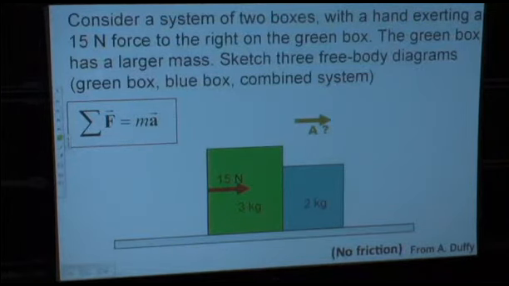Well, first of all, this big green box represents a system made of a single object, so we can write Newton's law for this object. This smaller blue box also represents a system. We can write Newton's law for this box. But that's what we see when we look at it.